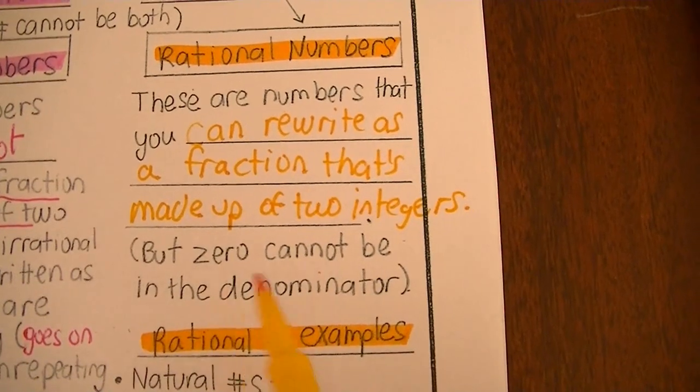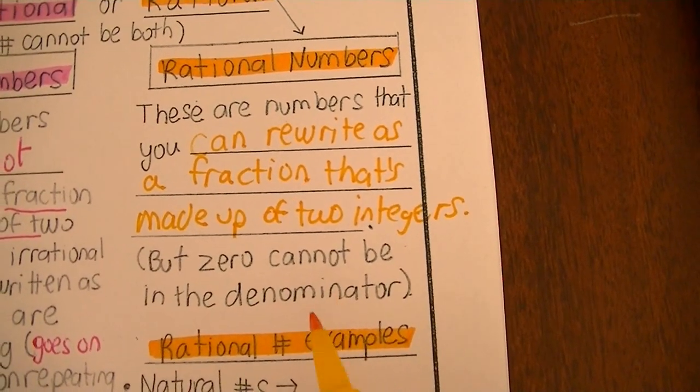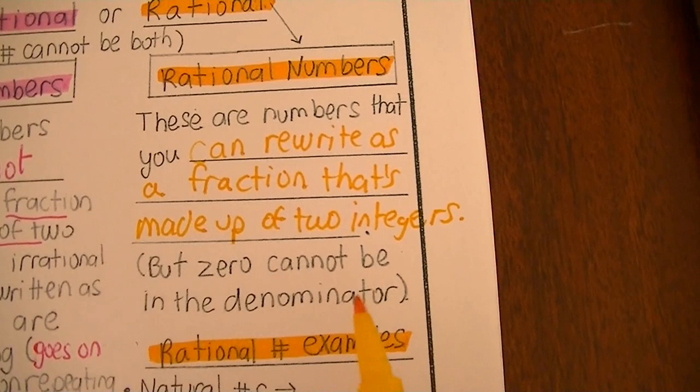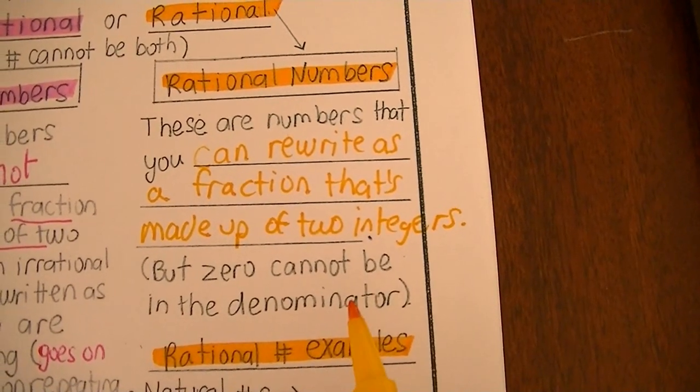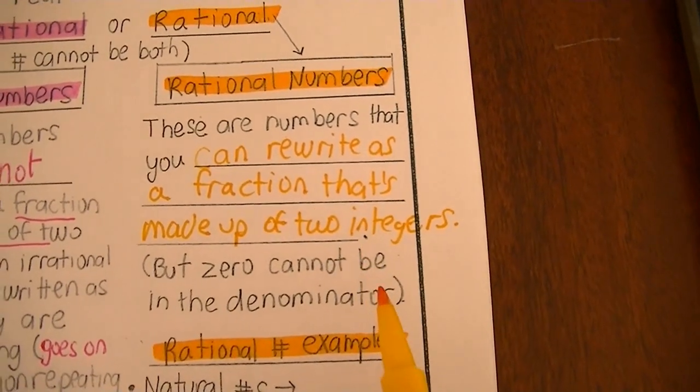But there's a key thing. 0 cannot be in the denominator. So when you rewrite it as a fraction, if there's 0 in the bottom part of the fraction, the denominator, that's not going to work because you can't ever have 0 in the denominator, okay?